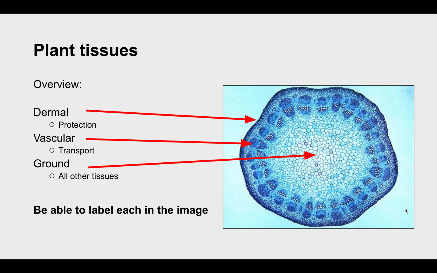And then the ground tissues can be all the other tissues. And I put on here, be able to label everything in an image. I actually have a day set aside where we're going to go in the lab, you're going to look at slides, and you're going to work through a worksheet to put these terms into practice, because I know this is a lot of terminology.